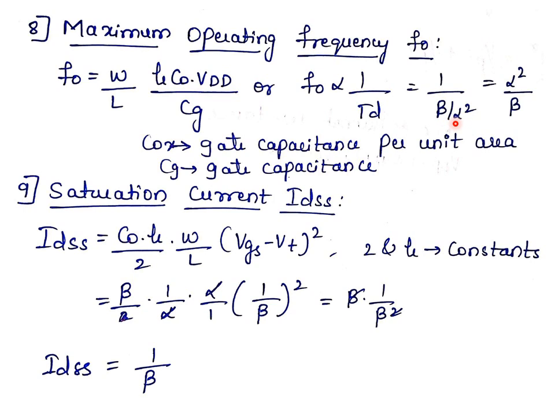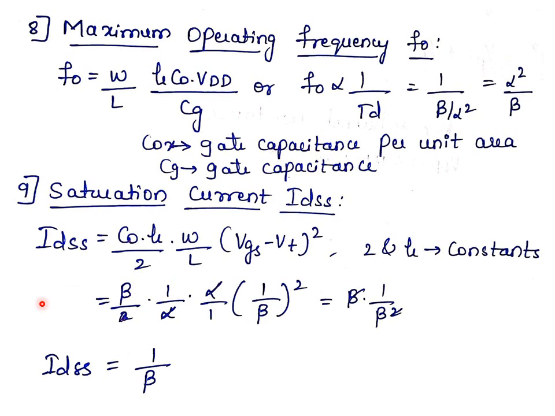So in the previous slide, when you go and check, you will come to know how it has come. So here the maximum operating frequency can be scaled by a factor of alpha square by beta. Now if you do some calculation after substituting some scaling factors in this first formula of F0, then also you will get the same scaling factor. You just try that, that is alpha square by beta.